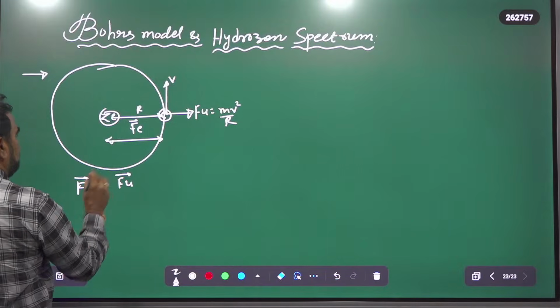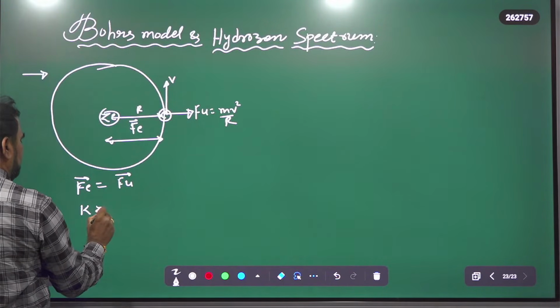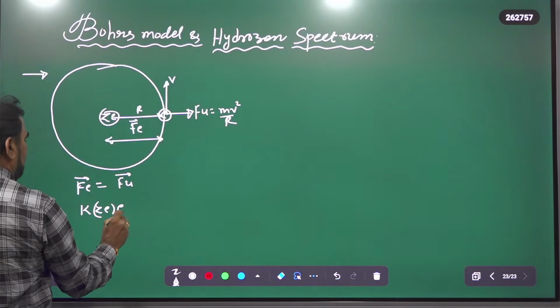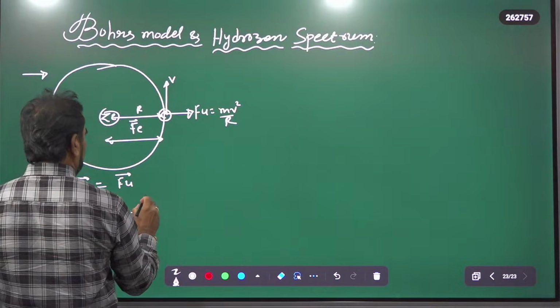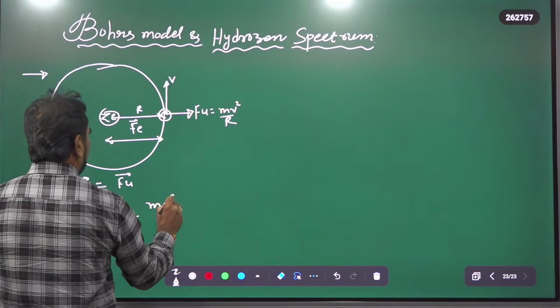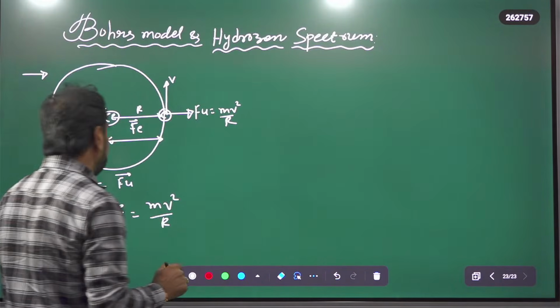The electrostatic force is K Ze into e upon r square, which equals mv square upon r. So this is the first postulate.